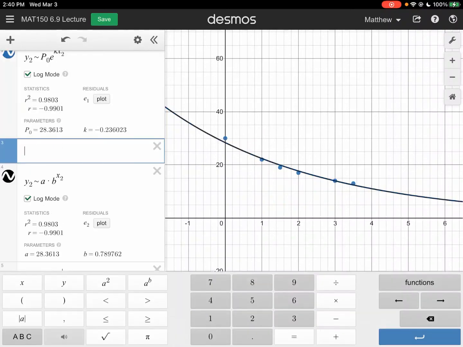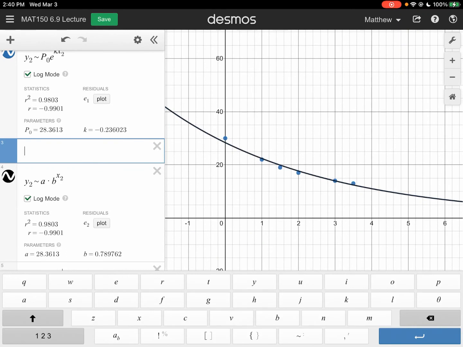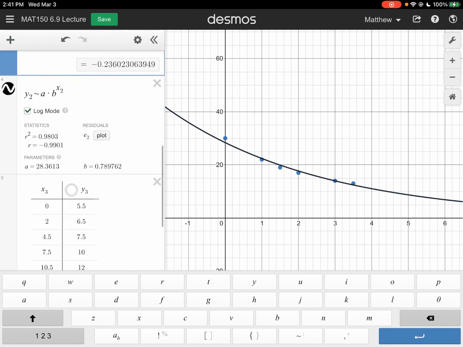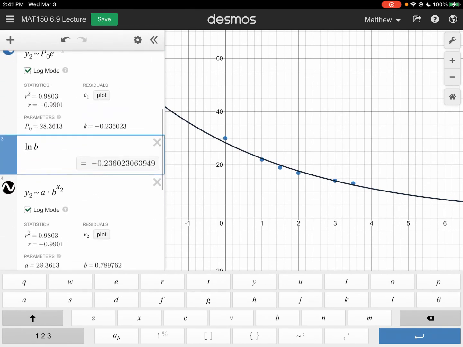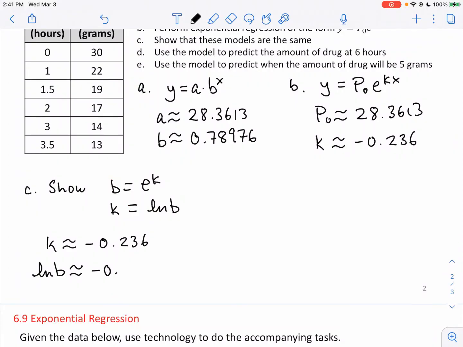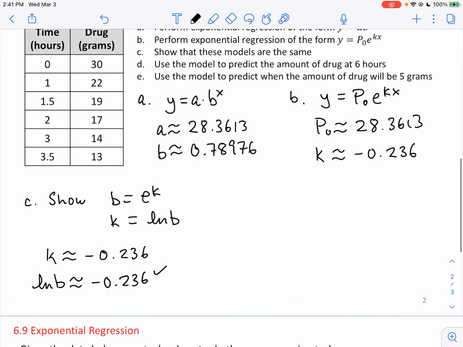I'm going to insert an expression and just do ln of B. And notice ln of B and k are the same. So this is enough to show that the two models are the same. Let's put a check there to indicate that it's the same thing as k.